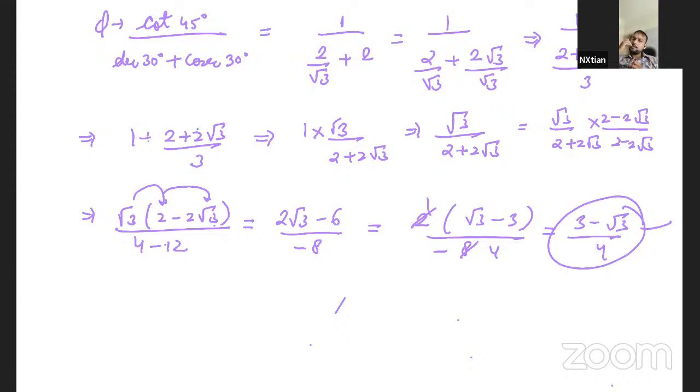You want me to explain? No, sir, I understood. I just wanted to know, would the minus 8 and the 2 cancel? Yeah. So what I did, minus will go in the numerator. So it's root 3 minus 3 is there. Because minus goes to the numerator, the sign will change. So the minus will become plus and the plus will become minus.